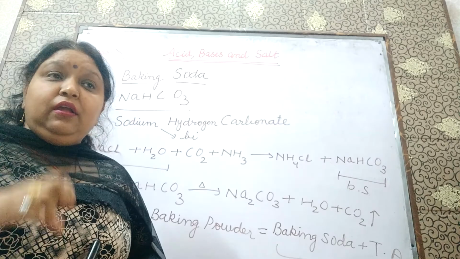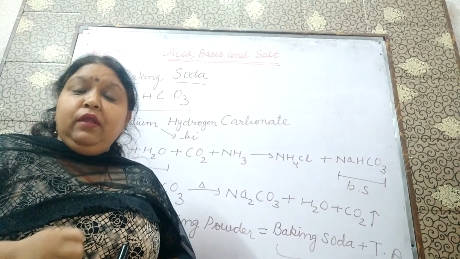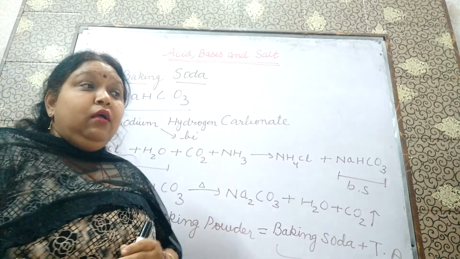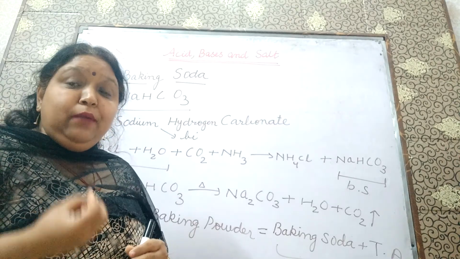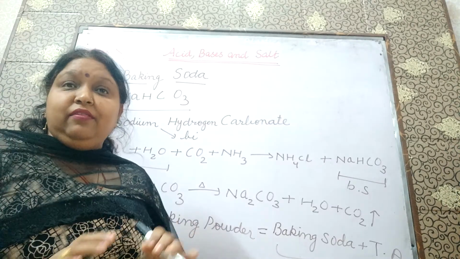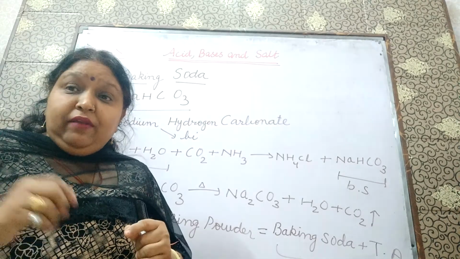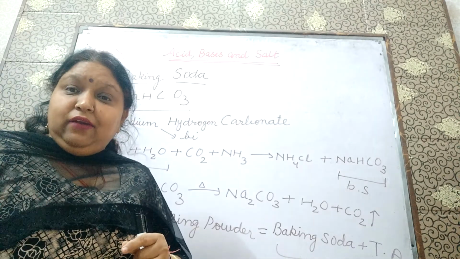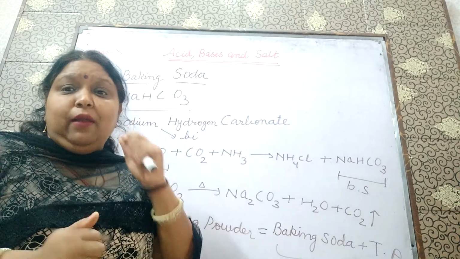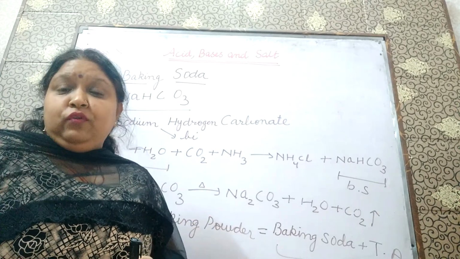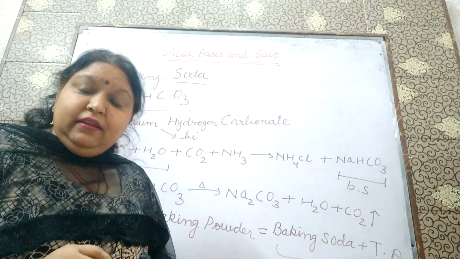When she starts using that maida flour, what does she add? She adds a pinch of baking powder to it and keeps it aside for 2 to 3 hours, isn't it? Then when she starts frying those bhaturas, they swell up and they are very soft, isn't it? Why are they soft?